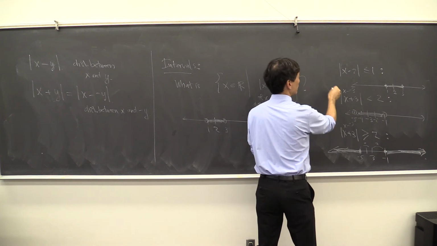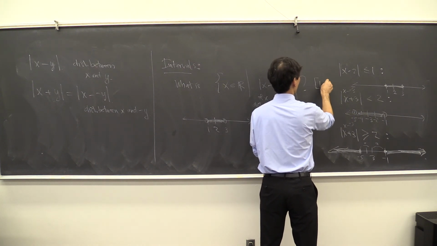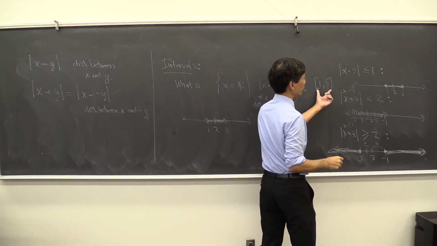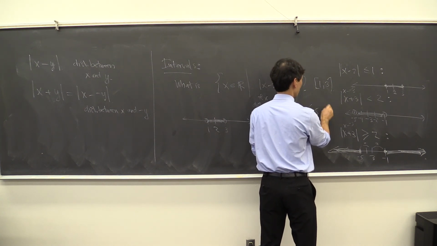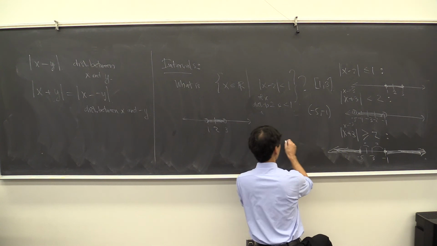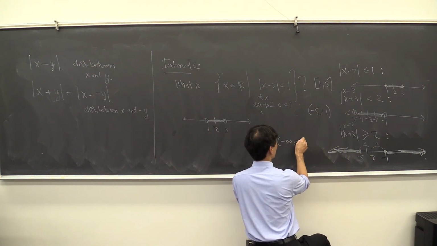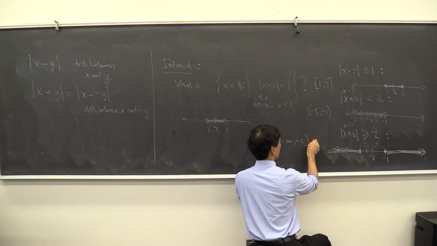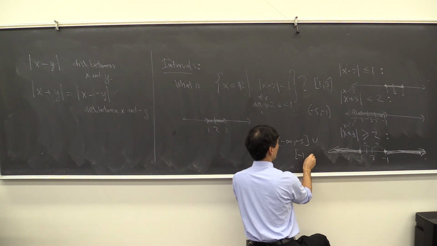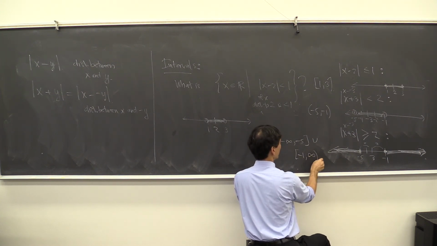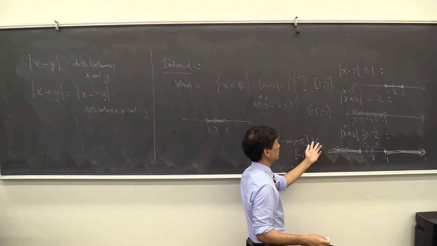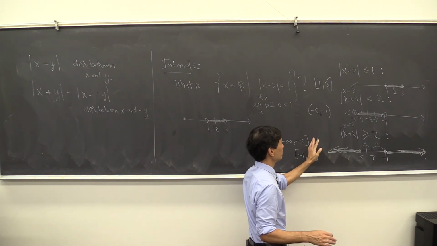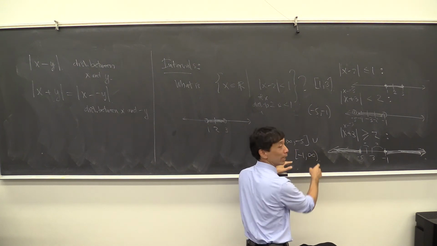If I wrote these things as intervals, this would be 1, 3, closed. This would be -5, -1, open. And this one would be -∞ to -5 inclusive, union -1 to positive infinity. This is the union mark, meaning this set and this set.